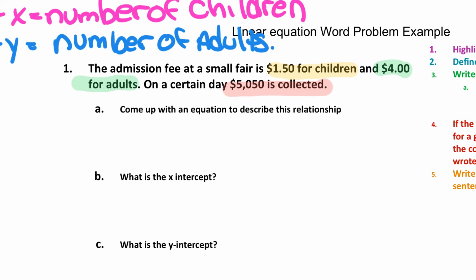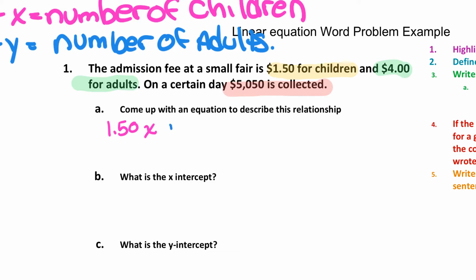So now that we've highlighted our information and defined our variables, we can write an equation. We have some number of children and some number of adults that attended. Since we already defined our variables, we know that it costs $1.50 for every child x. However many children attended, you multiply that by $1.50 to figure out how much money was collected from the children's fee.